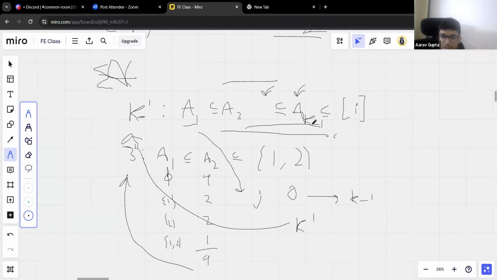So for each element j in the set, it can be in any number between 0 and k minus 1 such subsets, and fixing such a value for all j will uniquely define this set. So you have k to the power of i possibilities. Okay, is this understood?